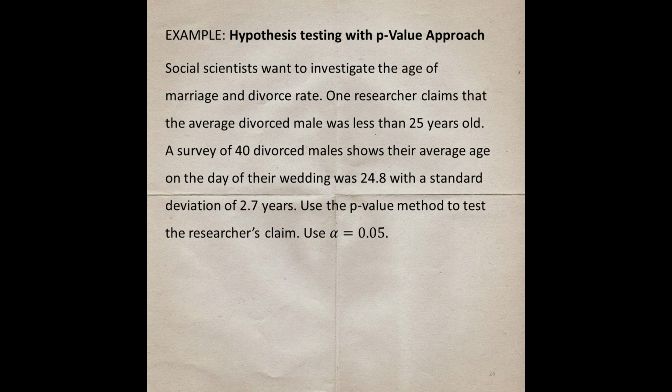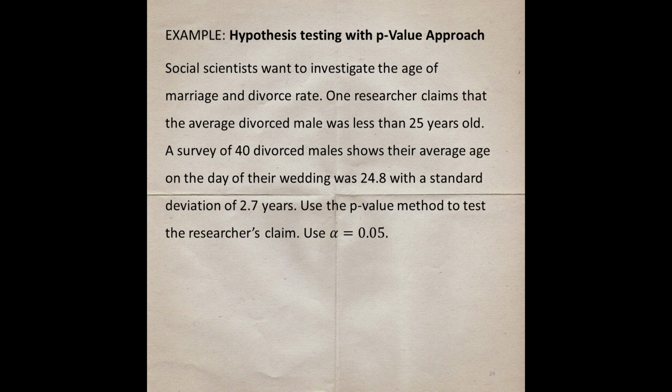Let's work an example on hypothesis testing with the p-value approach. Social scientists want to investigate the age of marriage and divorce rate. One researcher claims that the average divorced male was less than 25 years old. A survey of 40 divorced males shows their average age on the day of their wedding was 24.8, with a standard deviation of 2.7 years.